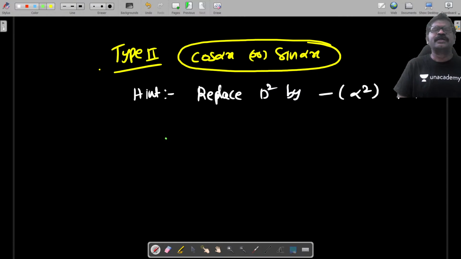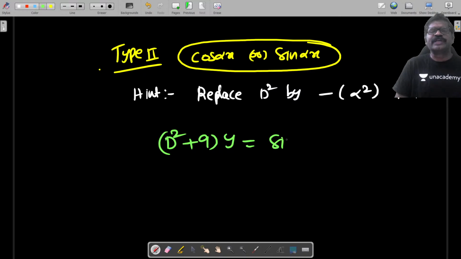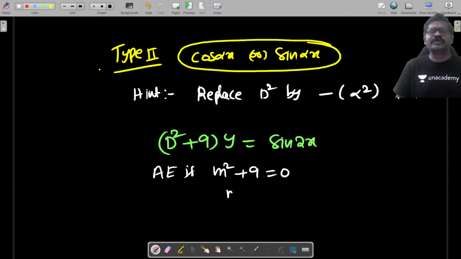Now, (D square plus 9) of y equal to sin 2x. In this case, the auxiliary equation is m square plus 9 equal to 0, m equal to plus or minus 3i.